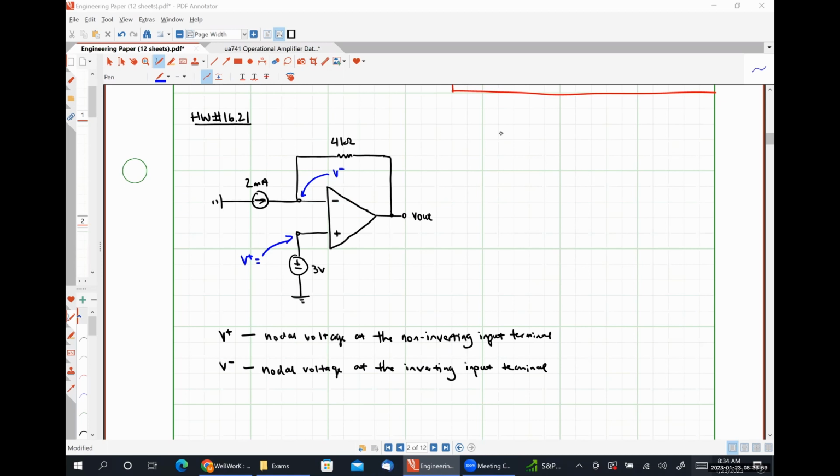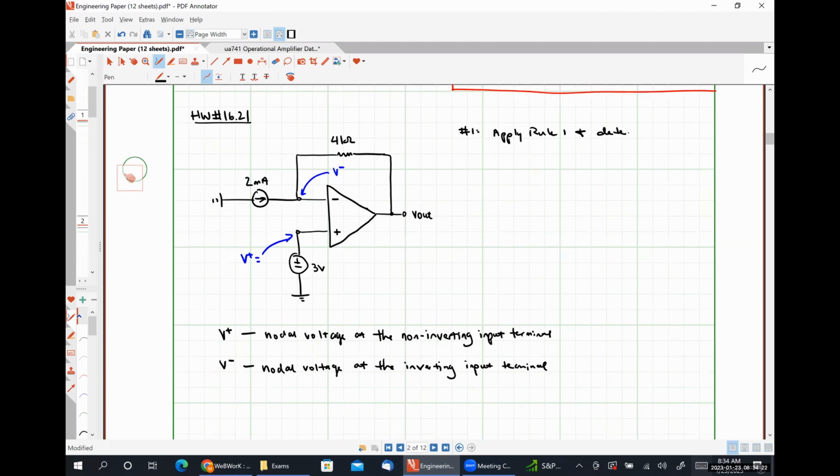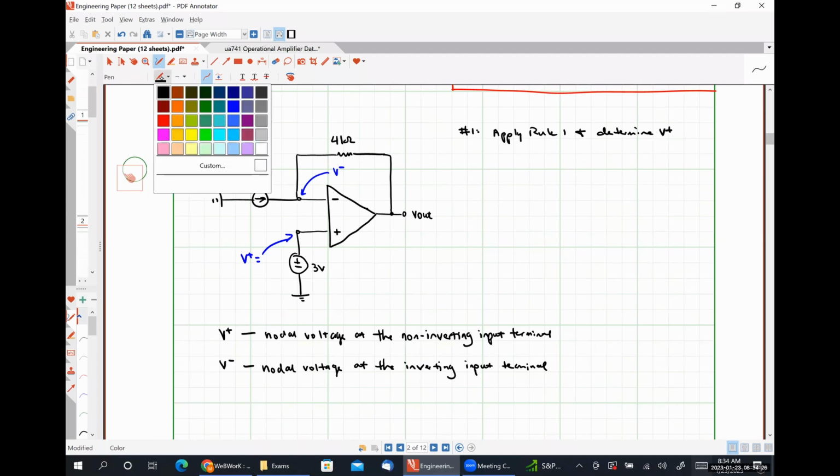All right. So let's apply our 3-step process to this particular problem. So step number 1, once again, apply rule 1 and determine V plus.